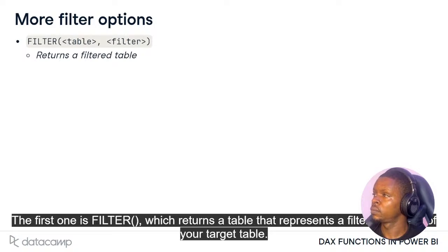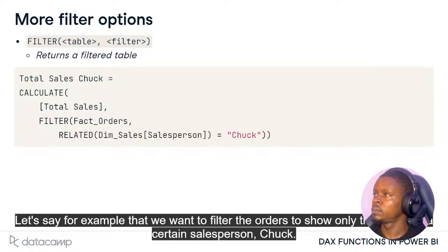In addition to all, there are two other common filter functions that we'll discuss. The first one is filter, which returns a table that represents a filtered version of your target table. Let's say, for example, that we want to filter the orders to show only the sales for a certain salesperson, Chuck.